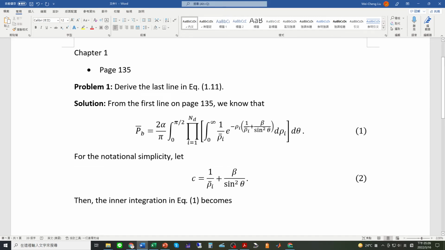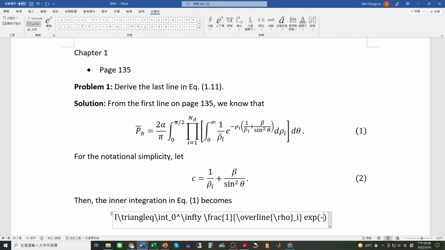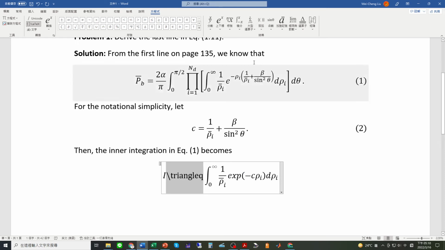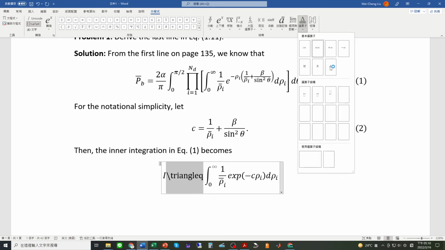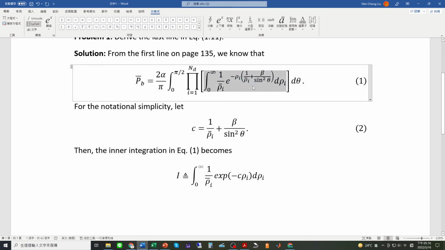Then the inner integration in equation 1 becomes, okay, I is defined as the inner integration in equation 1, that is this integration.